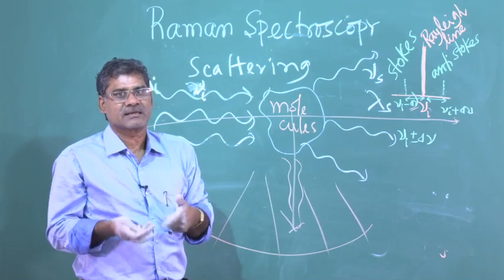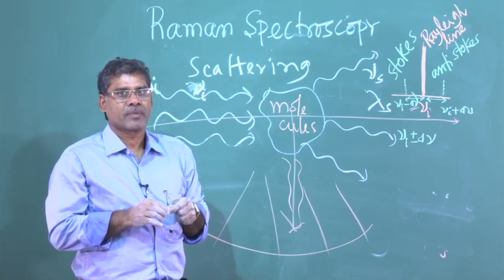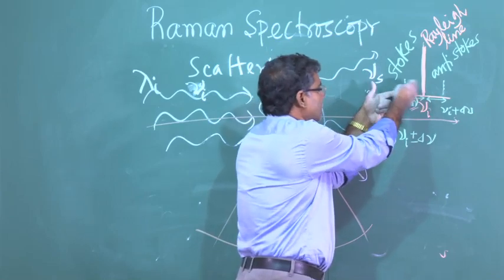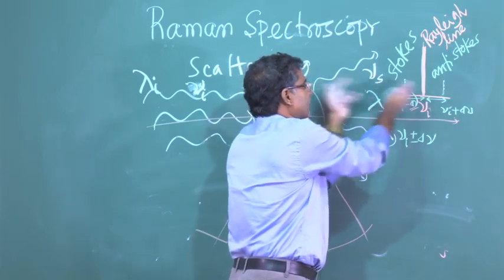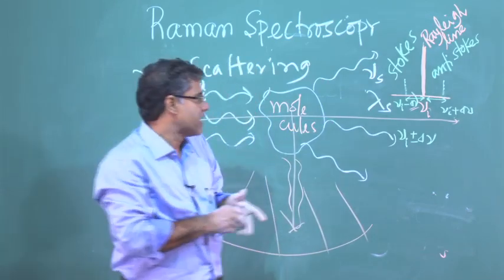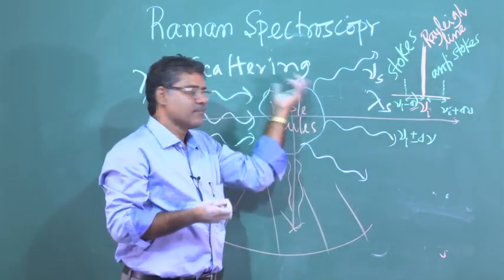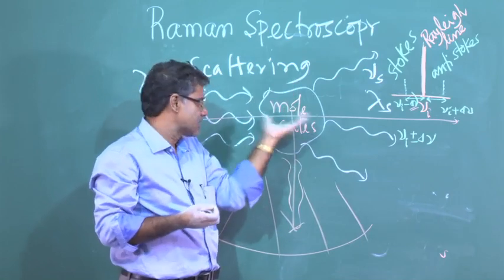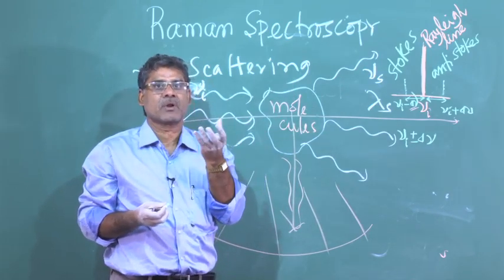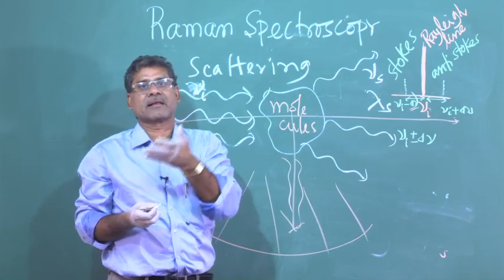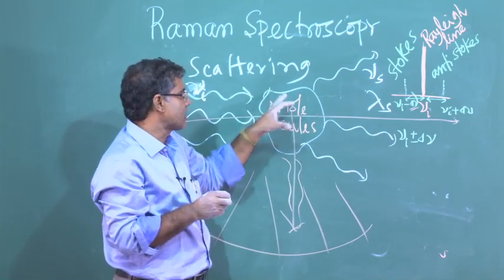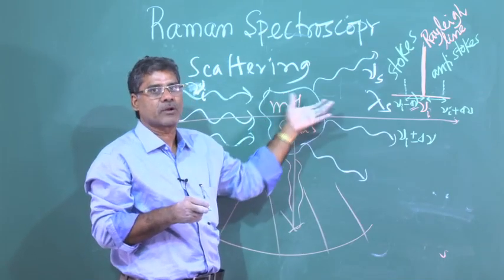This is research matter, and not only these one or two lines, you can have many lines because of many factors. In the sample there may not be a single type of molecule; there may be other types of molecules or other factors. But for simplicity, take one kind of molecule, a simple diatomic molecule.